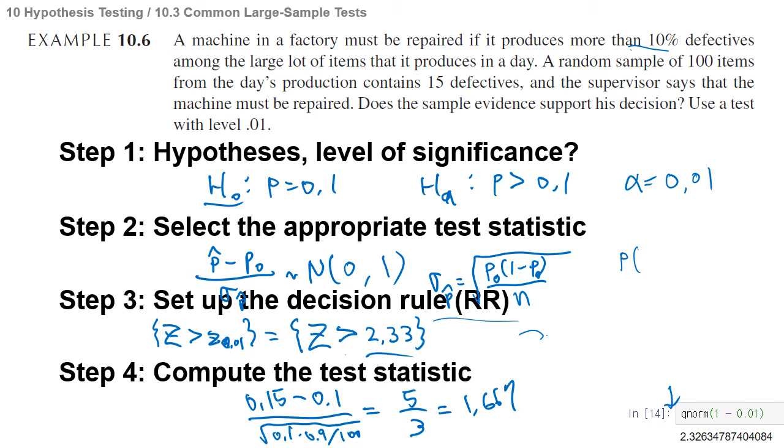And is this one greater than 2.33? No. So 1.667 is not greater than 2.33, so we do not reject the null hypothesis. So do not reject.